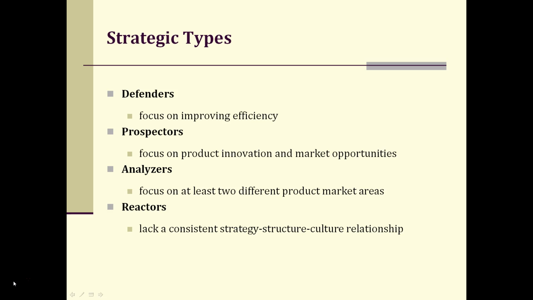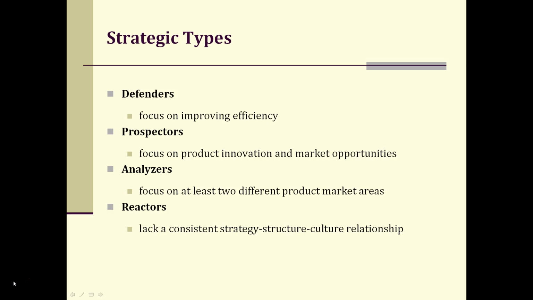Prospectors are companies with fairly broad product lines that focus on product innovation and market opportunities. Analyzers are corporations that operate in at least two different product market areas, one stable and one variable. And retractors are corporations that lack a consistent strategy, structure, culture relationship.